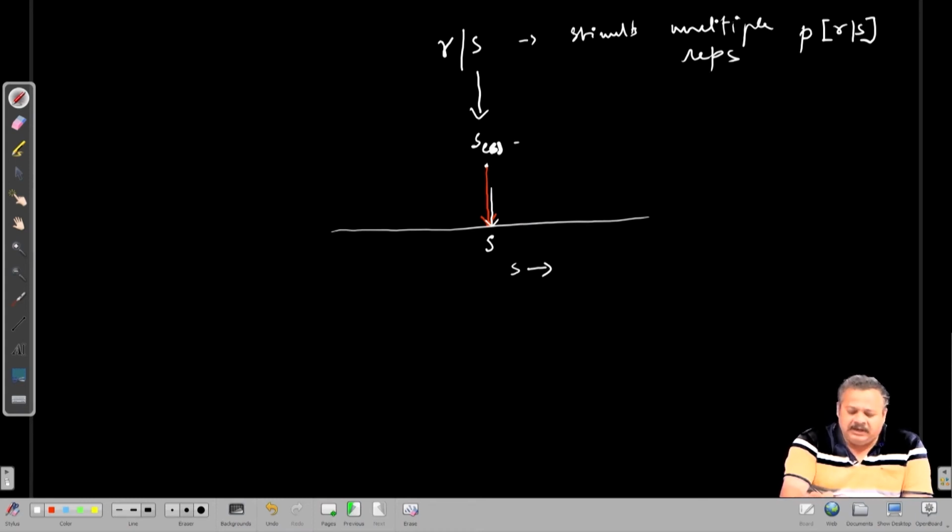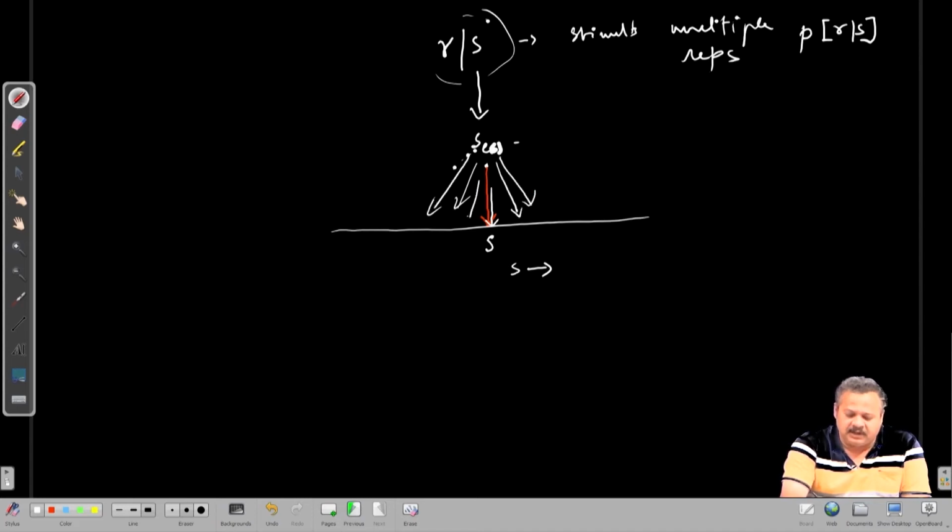Now, in multiple different cases, if we estimate multiple times, we will have different values of estimates.